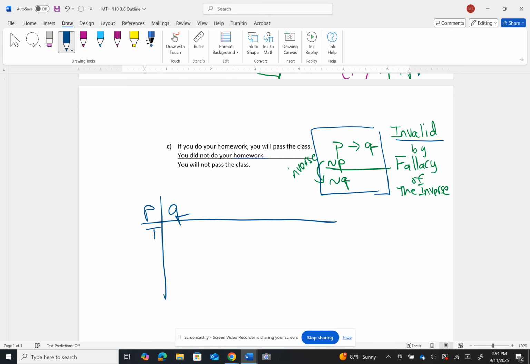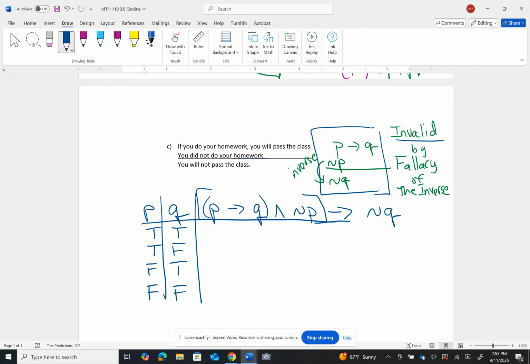And we'll do the standard setup, 2 T's followed by 2 F's. Okay. And then I need to make that compound statement that takes your premises and hooks them together with an and, and then we're going to see if that leads to this conclusion over here.